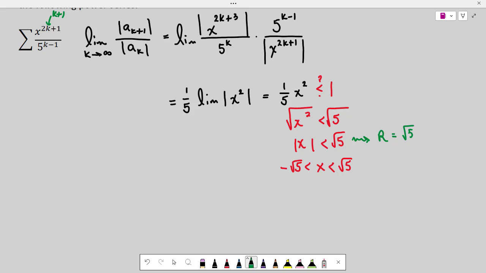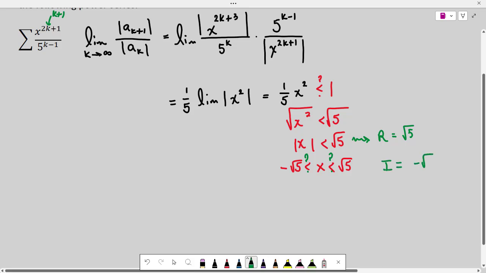But now we don't know what happens at these endpoints. We can't write our interval of convergence down yet. We know the two goalposts. We know that we're going to go between minus root 5 and root 5. But we don't know whether we include or exclude. So now we get to do a little more math. We get to apply our chapter 10 skills. More math in math class.